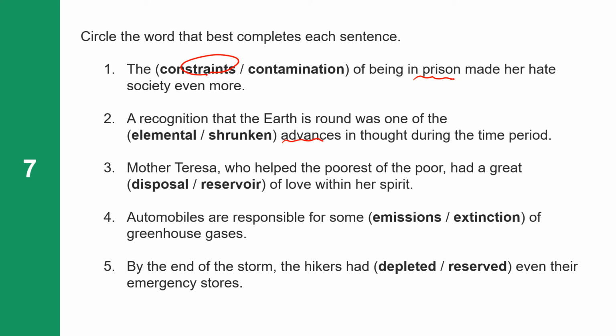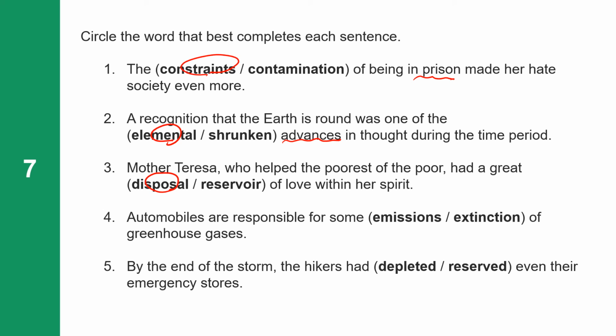So it is an elemental advance. Number 3, Mother Teresa, who helped the poorest of the poor, had a great reservoir of love within her spirit. So she gave up everything for the poorest of the poor, a reservoir of love within her spirit.